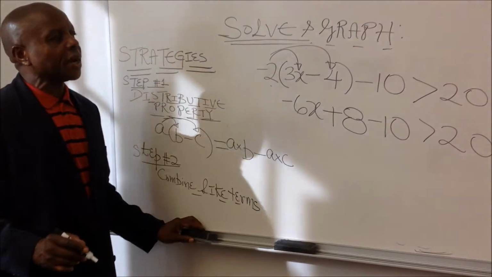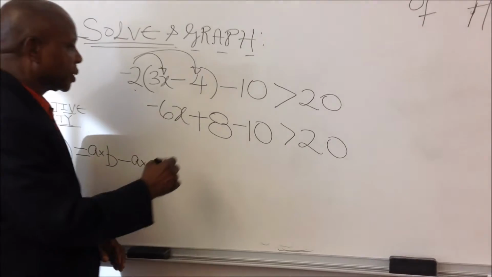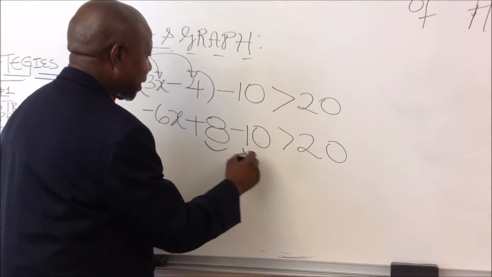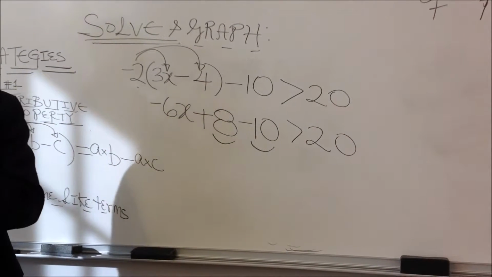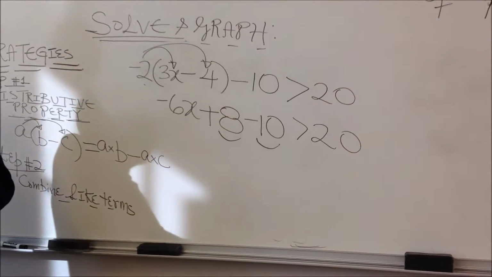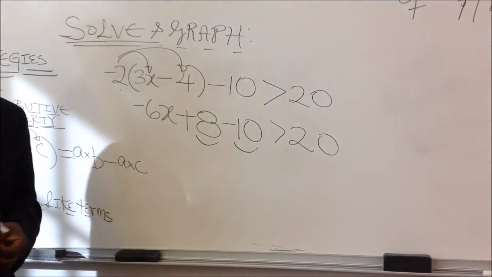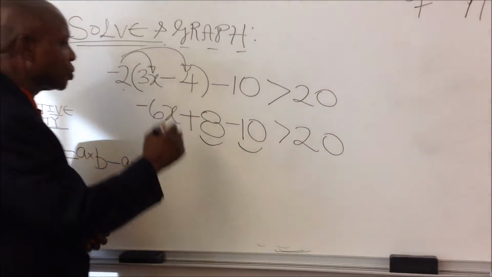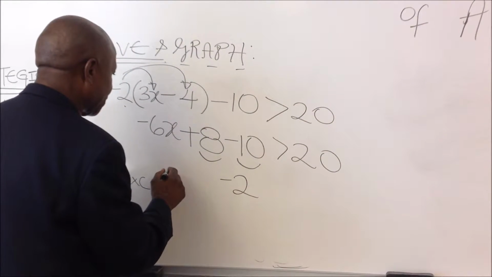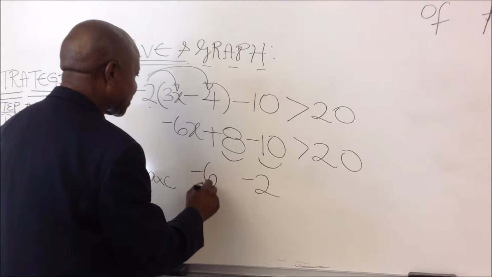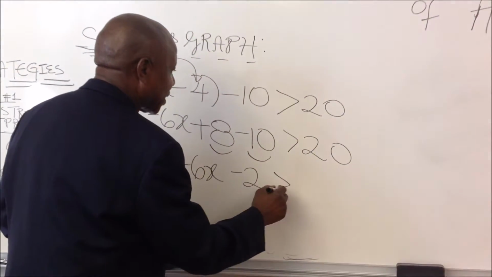So what are the like terms in this problem? The like terms, of course, are the 8 and the negative 10. What is positive 8 minus 10? It is going to be negative 2. So therefore we bring down the negative 6x, and it becomes negative 6x minus 2 greater than 20.